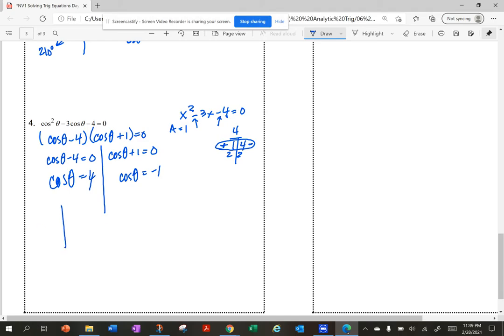On my unit circle, where this is 1, 0, this is talking about cosine, which is x, being 4, which is going to be somewhere out here. So this does not exist, so I say undefined.